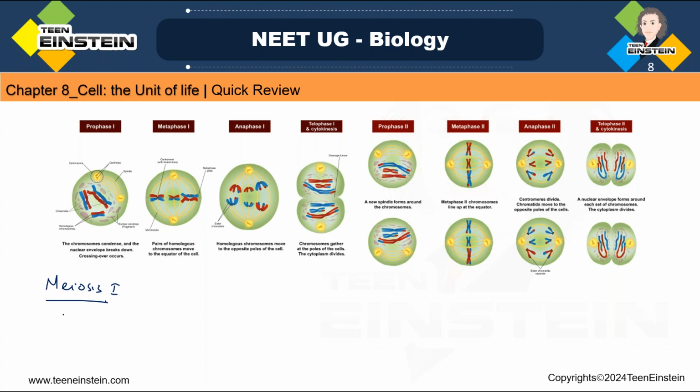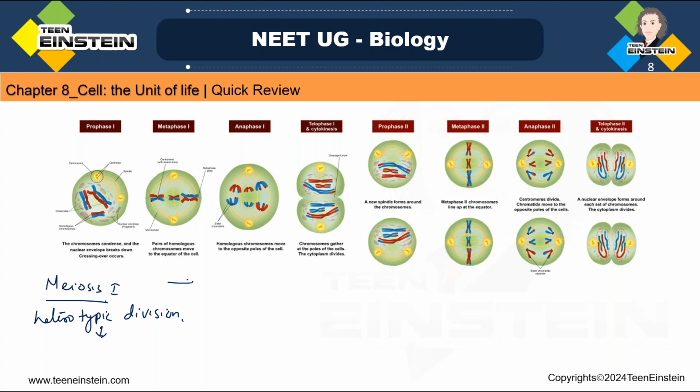Meiosis 1 is also called heterotypic division, because you can see different types of division here. This is subdivided into prophase 1, metaphase 1, anaphase 1, and telophase 1. We said prophase 1 is very long and very complex.